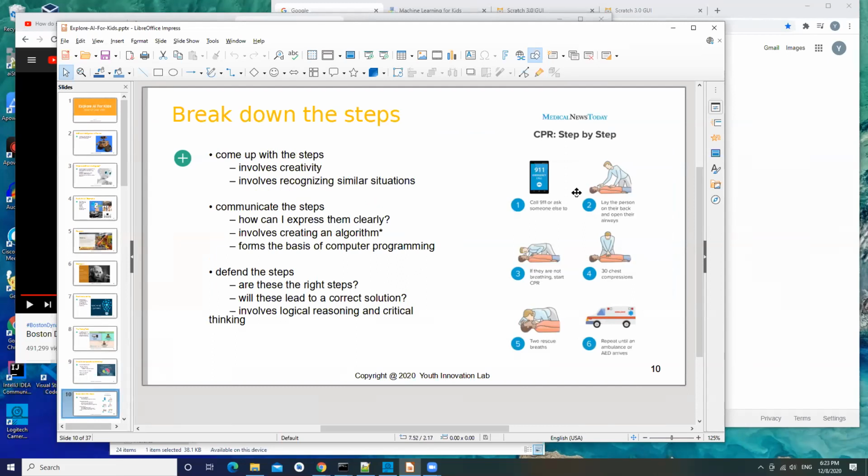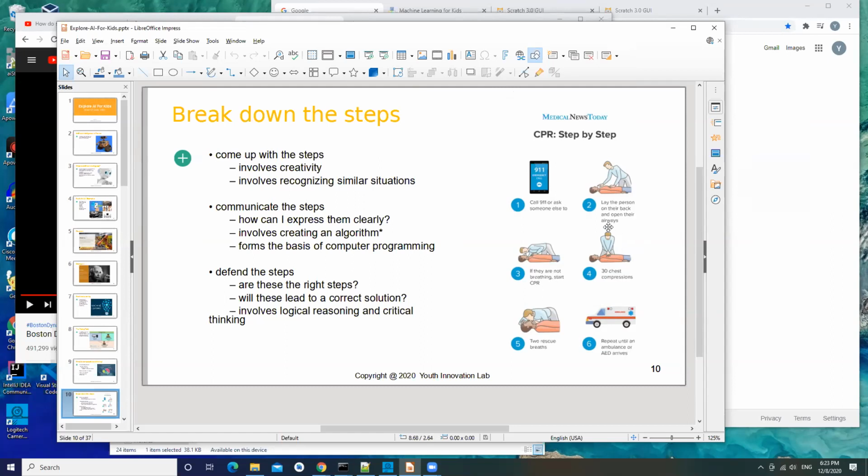Okay, so for example, CPR means some kind of assistance if you see somebody having an emergency, right? So how can you do it? You probably will call 911 first, and then of course you try to give assistance, and you will check to see if they are breathing or not. If they are not breathing, you will give them chest compression and try to help them to breathe.